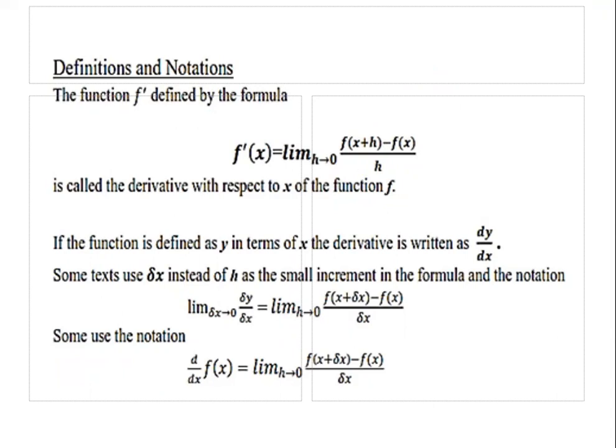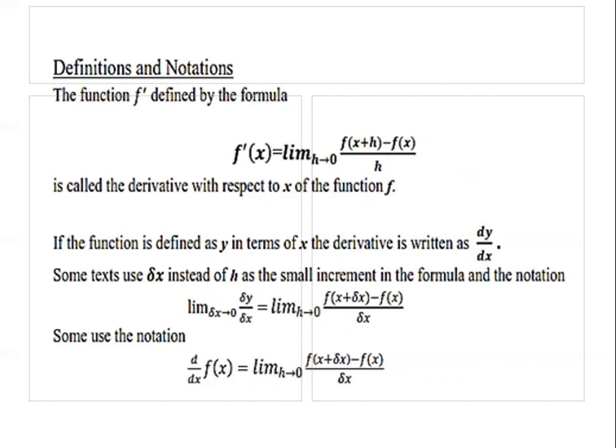So the function f prime, or the derivative of f, is defined by this formula here: f prime x, or the derivative of f(x), is equal to the limit as h tends to 0 of f(x plus h) minus f(x), all over h. This is called the derivative with respect to x of the function f.